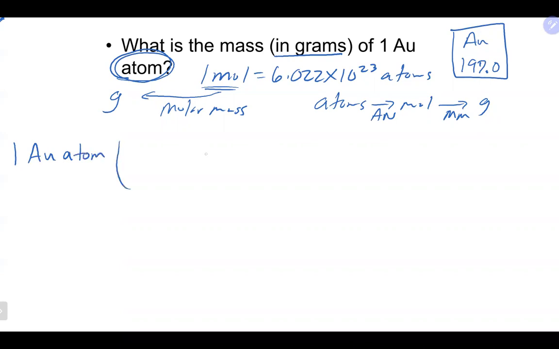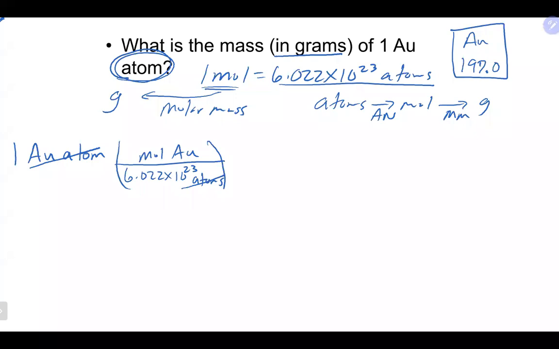Once again, we use opposites to get rid of it, so we put atoms on the bottom, which is Avogadro's number: 6.022 times 10 to the 23 atoms per mole of gold. If I stop right at this point, the gold atoms cancel and I'm left with moles of gold, so we need to do the next step.